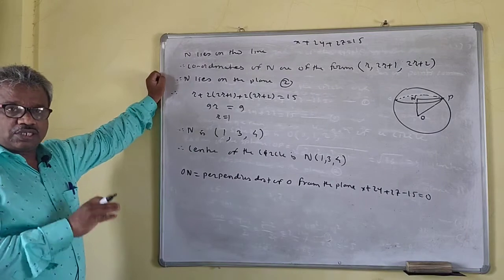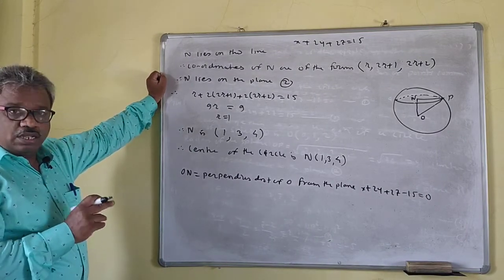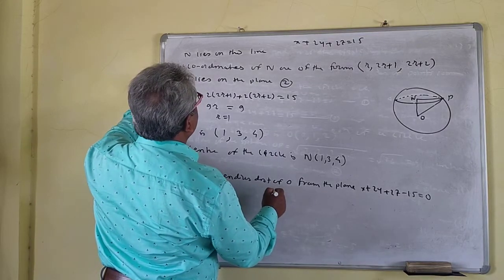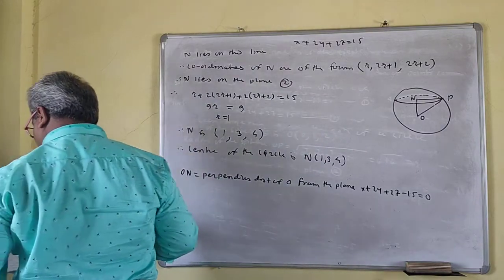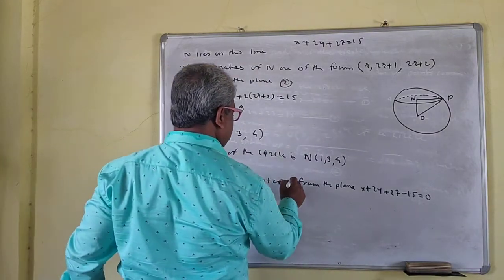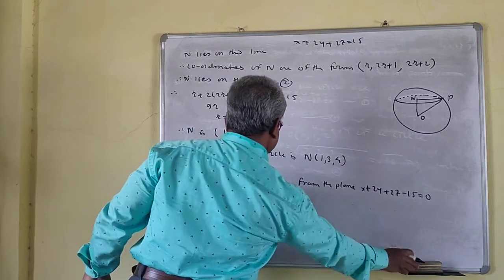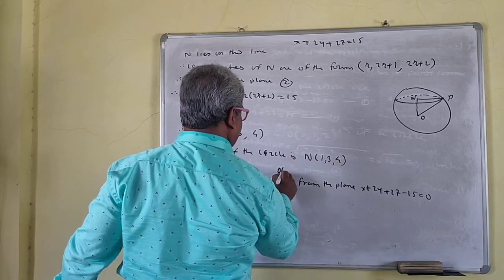If you want to find the distance of a point from the plane, write the equation of the plane in the equal to 0 form. Okay. So we have to write the coordinates of O. Coordinates of O are 0, 1, 2.